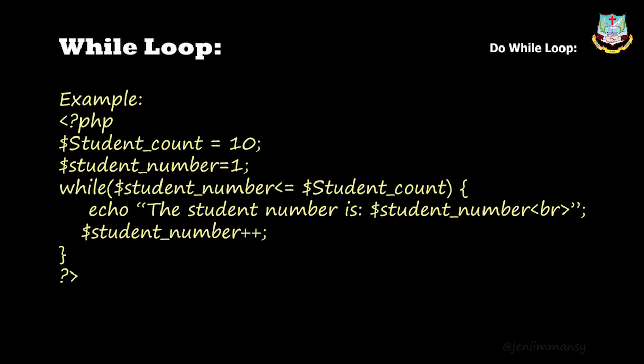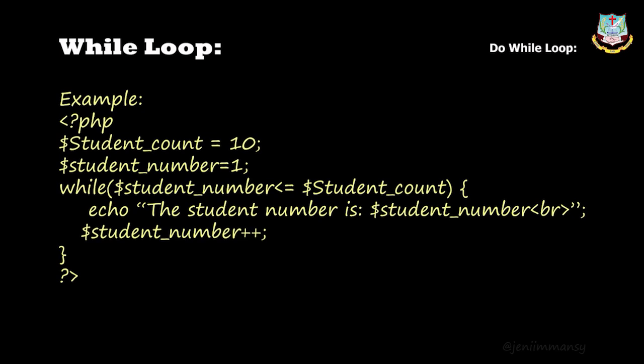So it will add 1 to it and again it will check the condition, while student number is less than or equal to student count. Again, if this condition is true, that is, if the student count is greater than the student number, then the next number will be displayed.